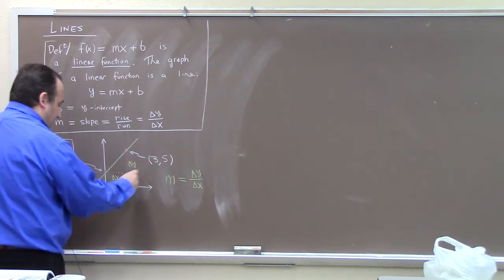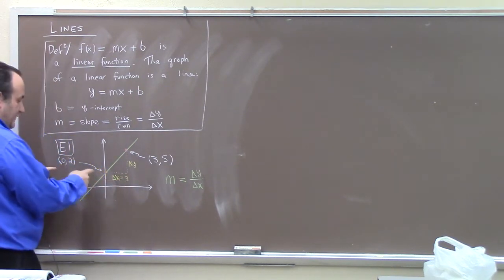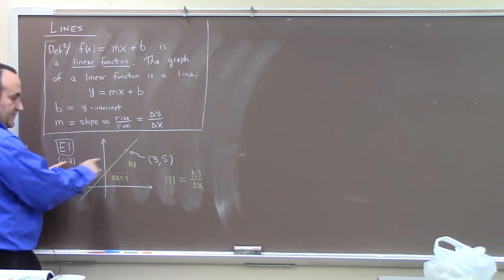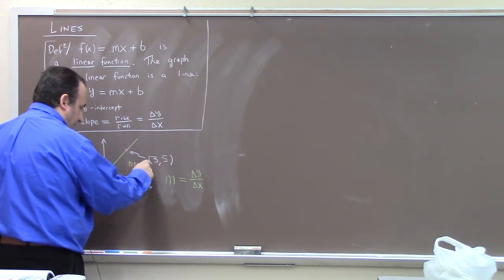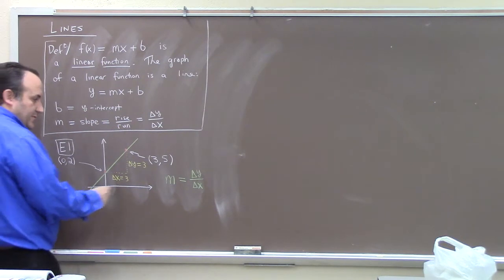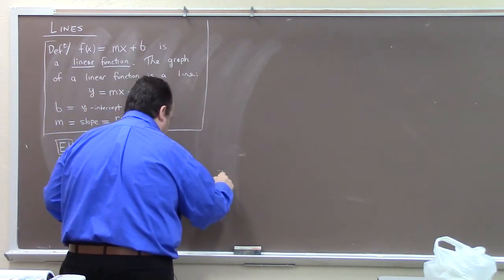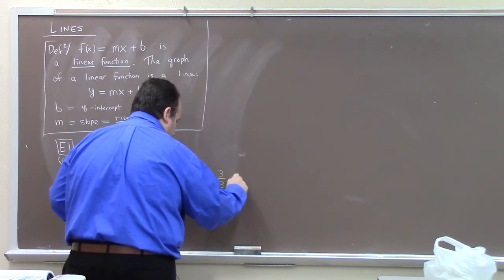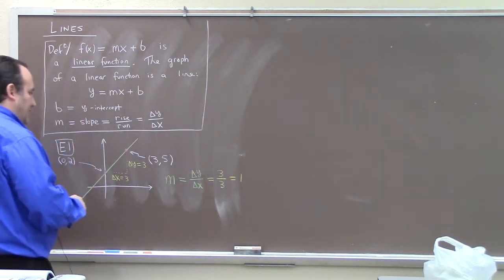So change in x here is 3. How about the y? We've gone from y equals 2 up to what? So it's also 3. Okay. So this m, the slope, we get from 3 over 3. So the slope is 1. Right? Slope of this line is 1.